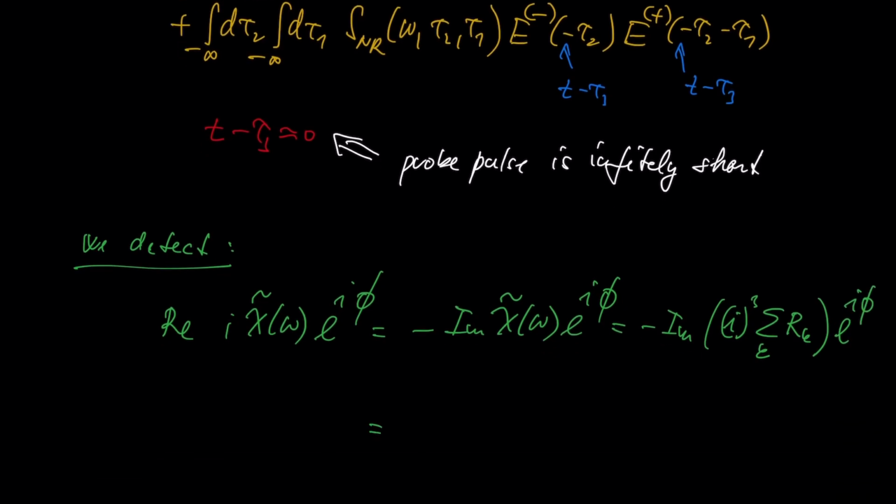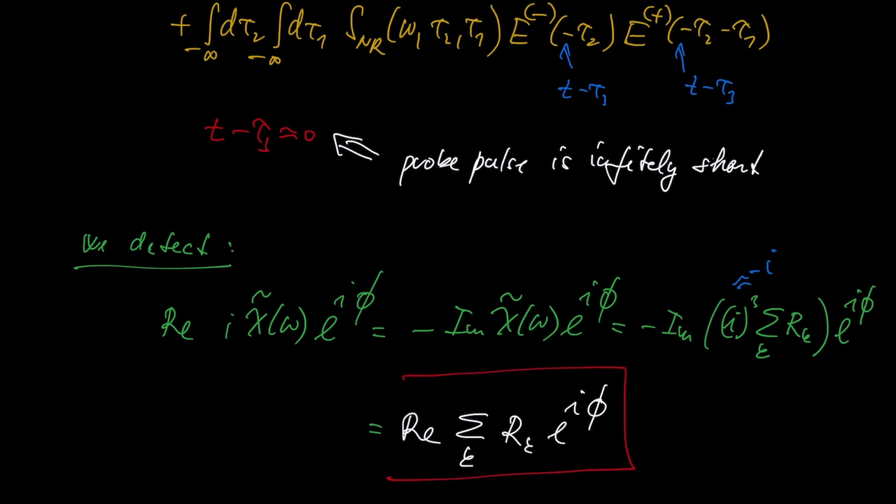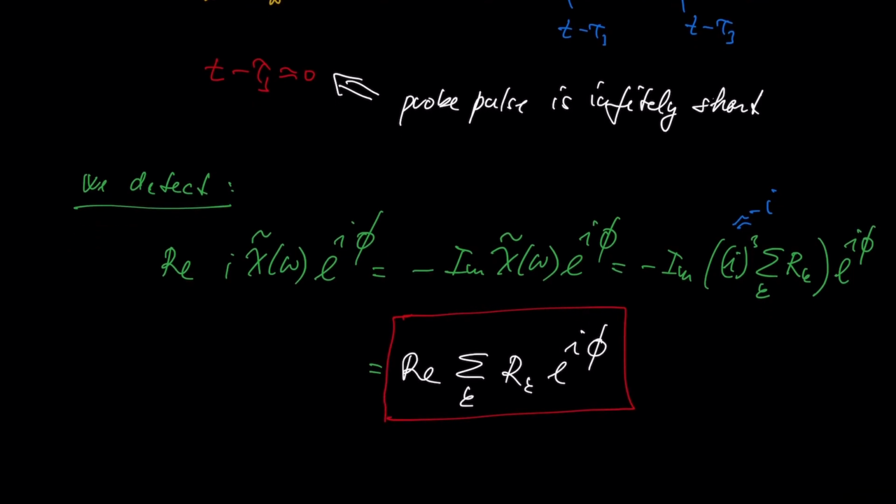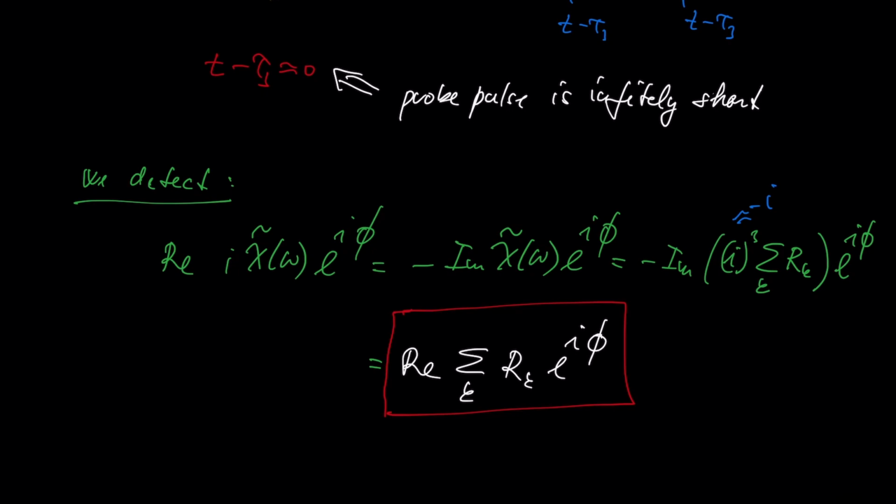And ultimately this means that, because the i to the third power here is minus i, we are detecting a real part of the sum of Liouville pathways, maybe weighted by the pulse spectra, etc., but modulated by this phase between the probe pulse and the local oscillator, something that is hard to estimate, but we will see that there are ways how we can do it.